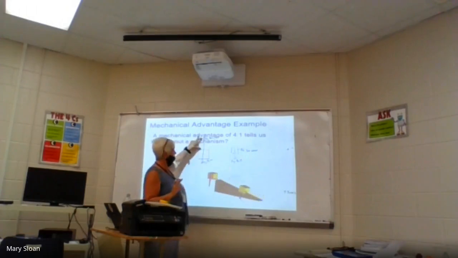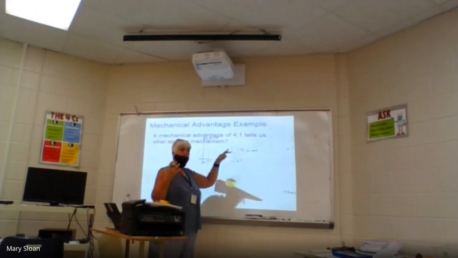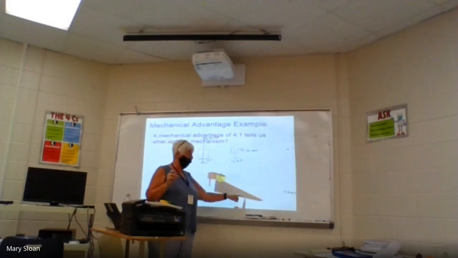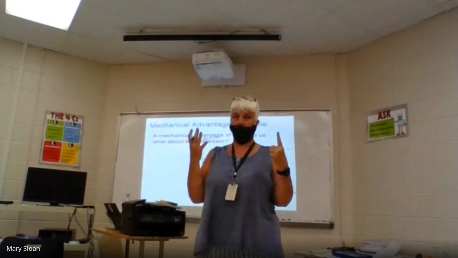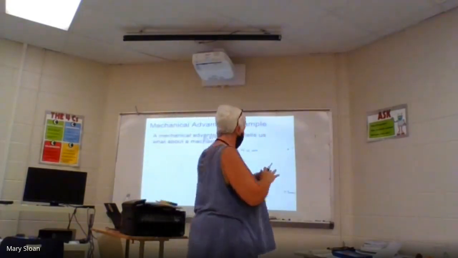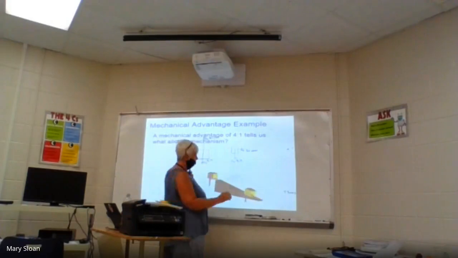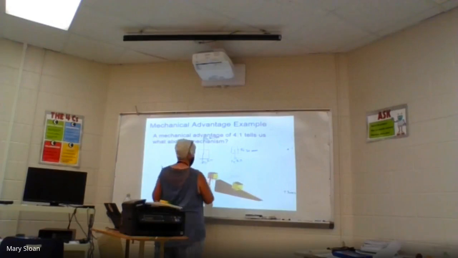Do you see how long this vector is compared to how short this vector is? That's the reason why we have mechanical advantage. We're using this ramp here. What is this called compared to the 6 that we just learned? Incline plane. So this incline plane is helping the person use less effort, and it can go further because I'm using a simple machine to do that.